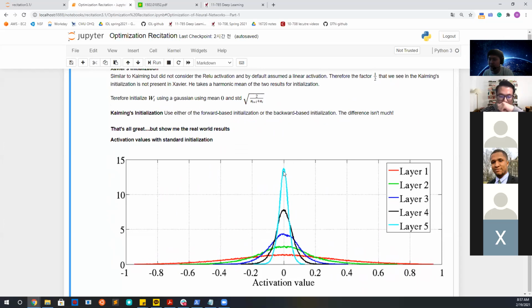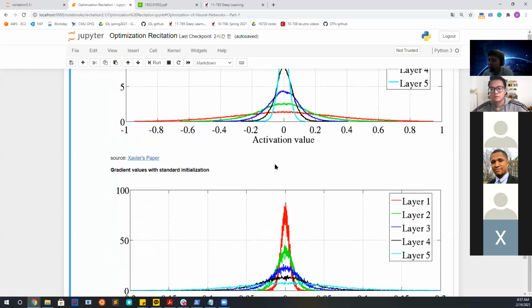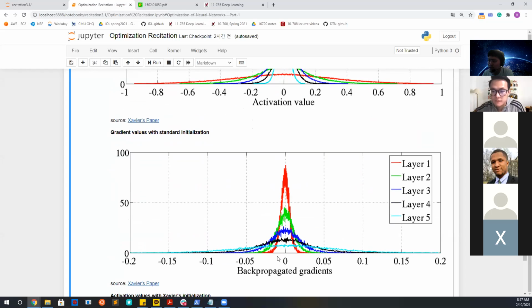So the values are vanishing and getting really small. The same thing happens for gradients. Gradient vanishing is always a big problem, because we're going backwards.